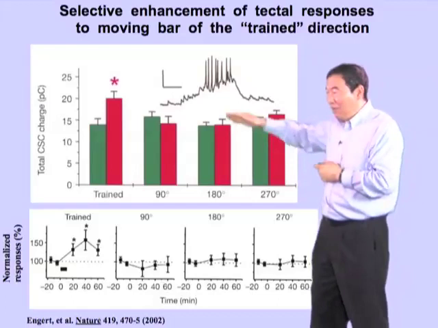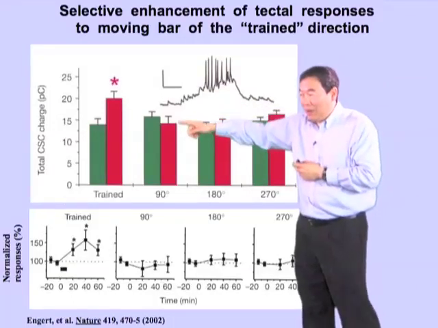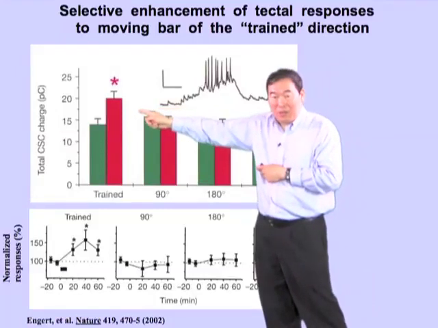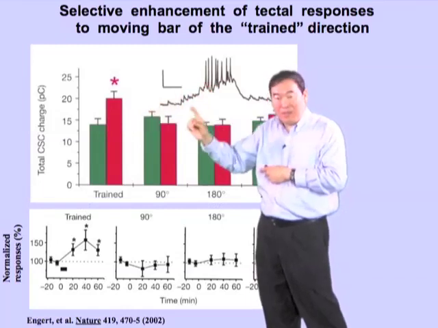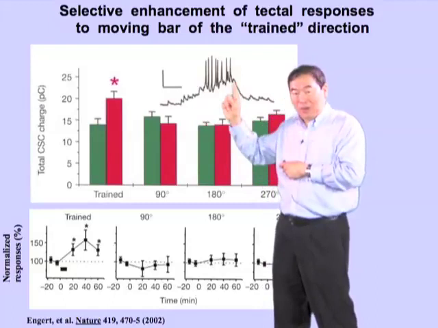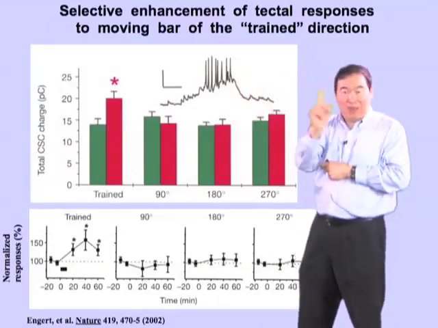Now, the interesting thing for this experiment is that this increased response only occurs if you are testing with the same speed as the training. Right? So you move at the training speed. If you test with a fast speed, it doesn't show up.